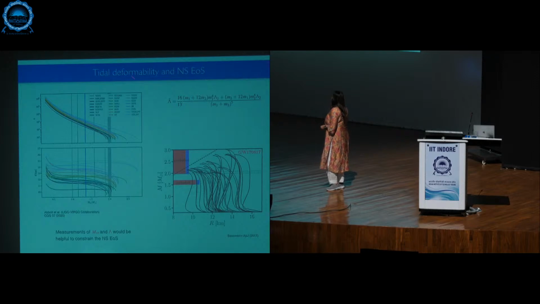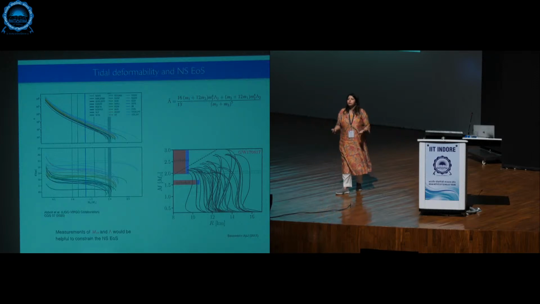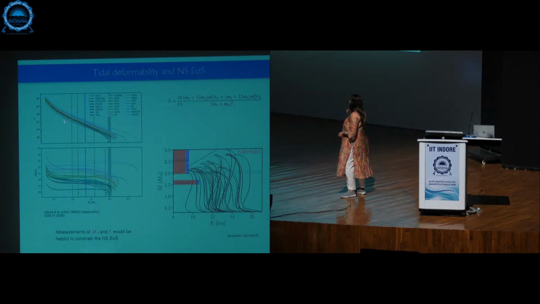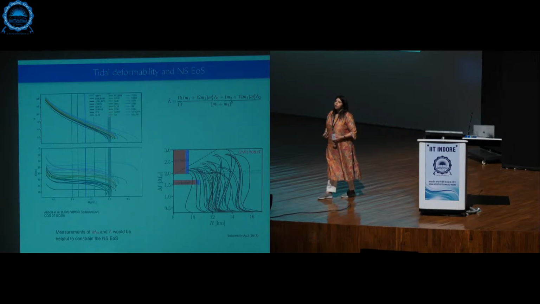These analyses considered a large number of different equations of state. All these equations of state are actually compatible with a set of nuclear experiments or hypernuclear experiments. As you can see, these kind of observations, for example, this limit that came from this event, can help us to understand which of these models would actually be supported by this kind of observation.